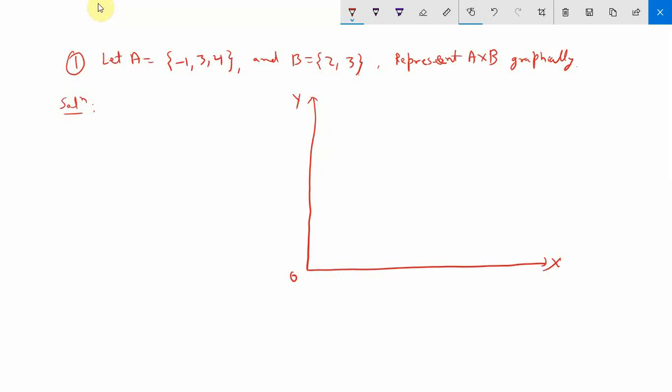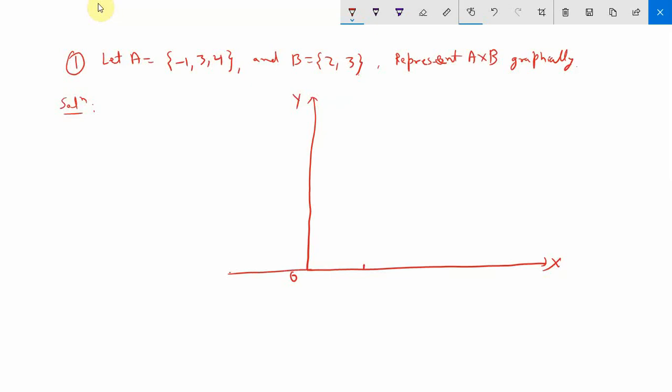But if we have to find B into A, then we need to represent set B elements on the horizontal line and set A elements on the vertical line. So here we have to find A into B, so we will represent A on the horizontal line.